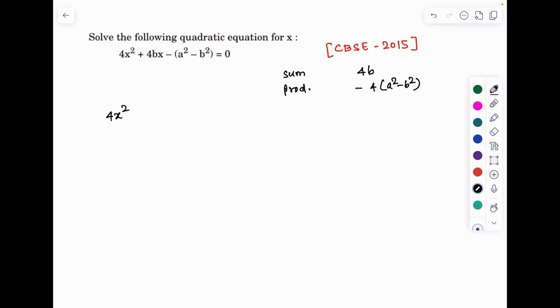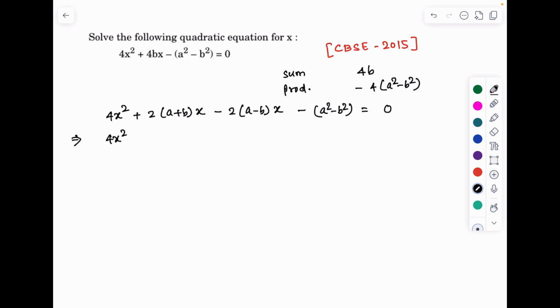Here we can write it as, you see, if you will check 4x square plus 2a plus b into x minus 2 times a minus b into x and minus a square minus b square is equal to 0.